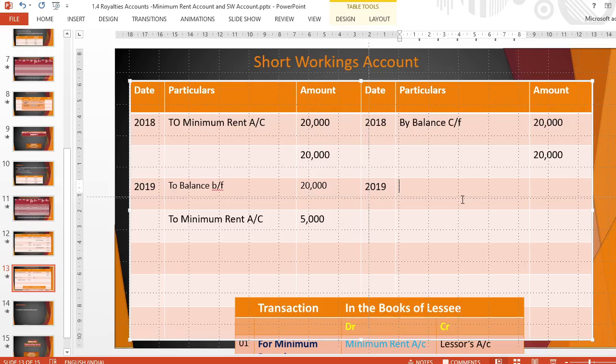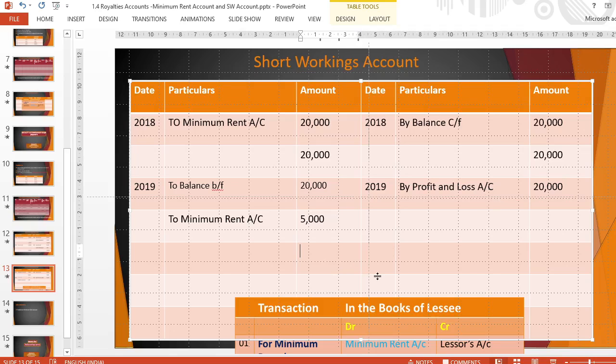I'll write on the credit side of short workings account by profit and loss account. Here we are going to transfer this 20,000 rupees to profit and loss account, considering it as dead loss or as written off.